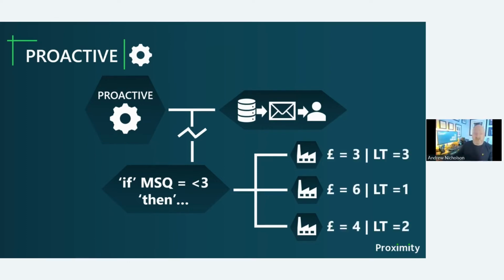Now, as each of these candidates provide the item at a different price and lead time, we have set up rules to order based upon lowest cost. In this case, as MSQ is lower than 3, then I'll ask Proactive to identify this and proceed with the PO based upon the supplier, not with lowest cost, but as it's below 3 and it's a matter of urgency, the shortest lead time, and create the delivery order and order accordingly.